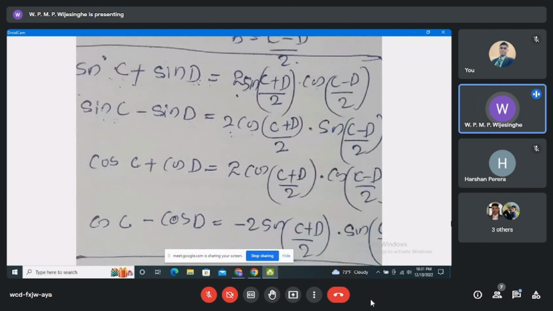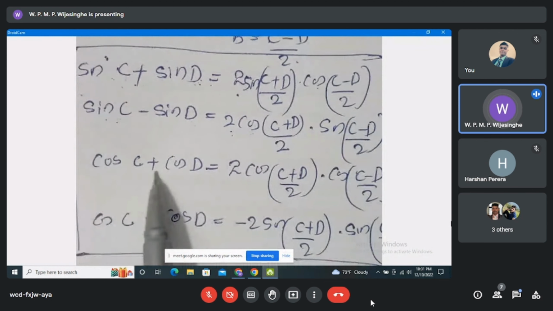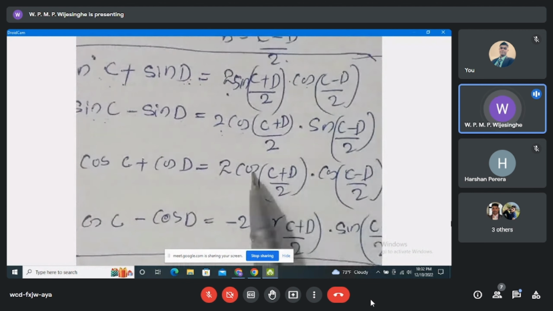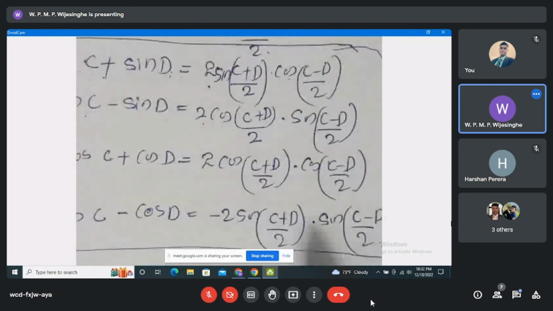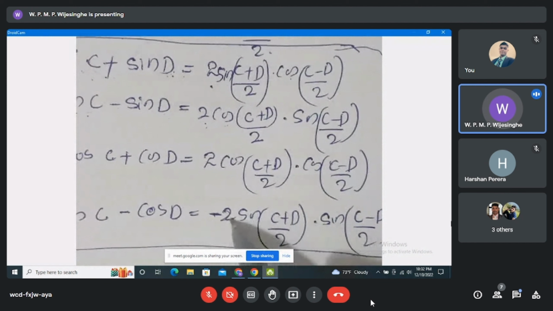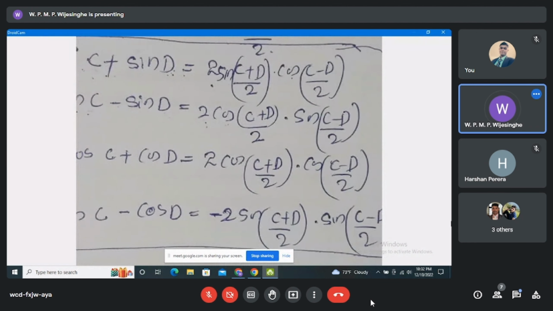In the next one, cos C plus cos D, right? It has cos constants. When it is negative, it has sine angle, right? And also here there is a negative sign, right? You should know this, right?